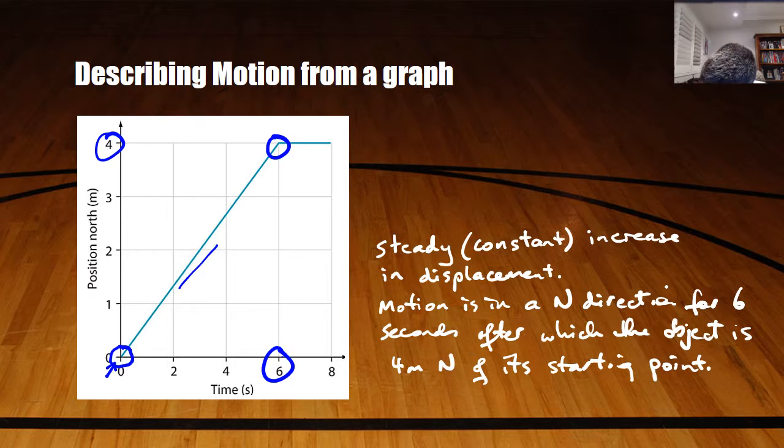And then what happens? Well, then we have a little section of the graph here. What happens here is for the next 2 seconds, the object remains 4 meters north. Put simply, after 6 seconds, the object stops moving.